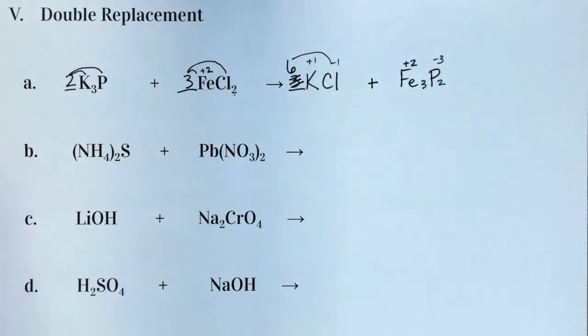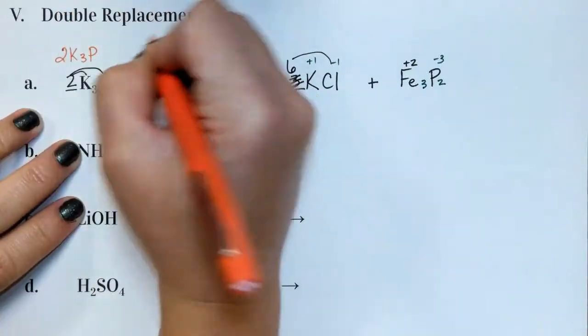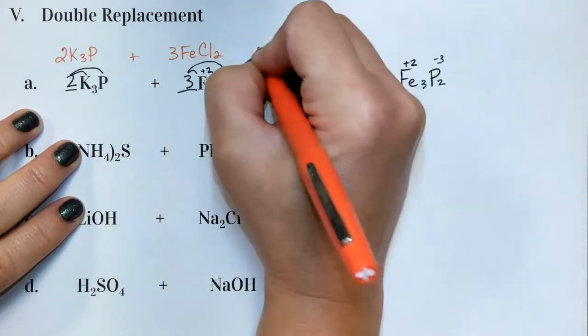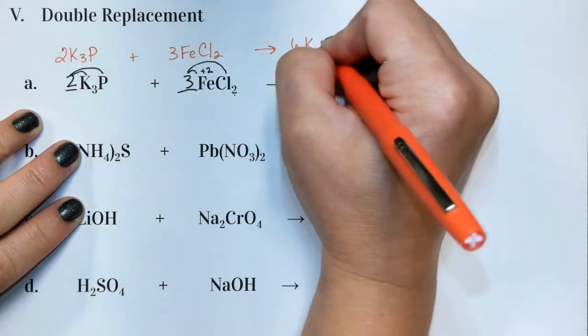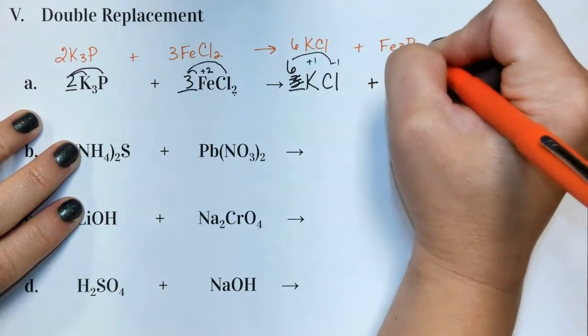So final answer is 2 potassium phosphides plus 3 iron 2 chlorides yields 6 potassium chlorides plus 1 iron 2 phosphide.